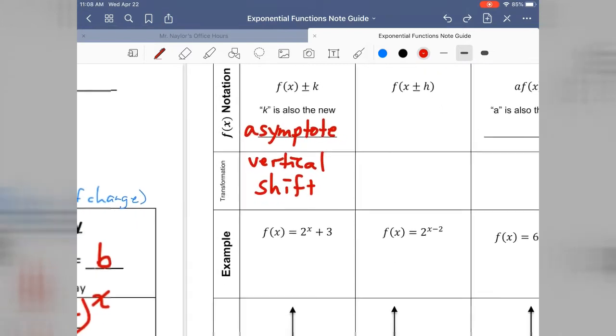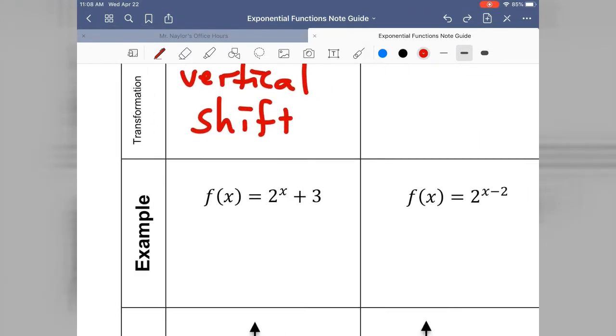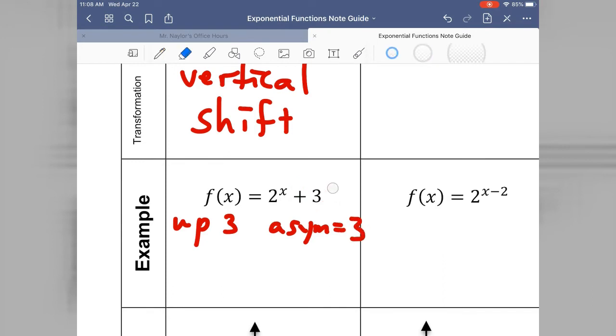So if we have an equation like 2 to the x plus 3, how can we use transformations to come up with this new graph? Well, first and foremost, it's definitely true that this graph has shifted up 3. And since it's shifted up 3, we can also say that the asymptote is going to equal 3. Now, the number 2 is the base.